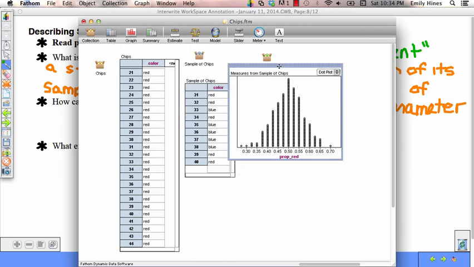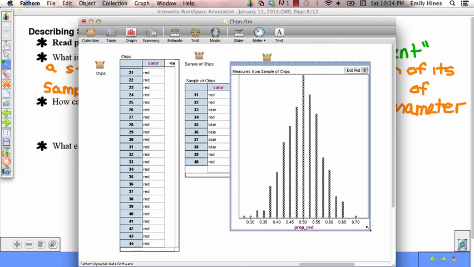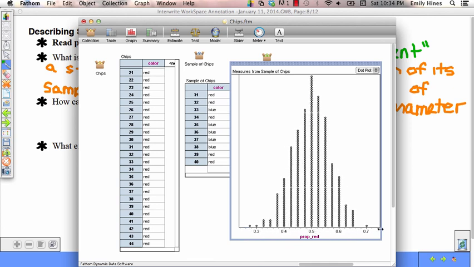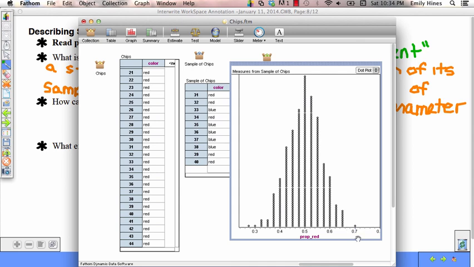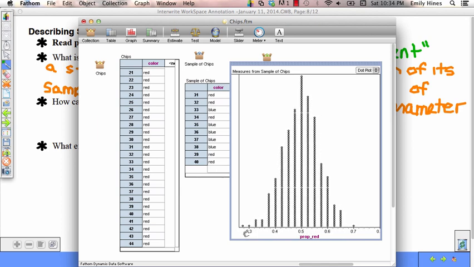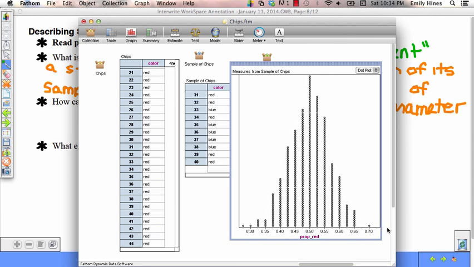Okay, you notice here now that even by increasing our sample size by just 20, you can tell by this, it has lessened our range here. So it's made us have less variability in our statistics. Because now we go from 0.27 to 0.7, where earlier we were going from like 0.18 to 0.8.